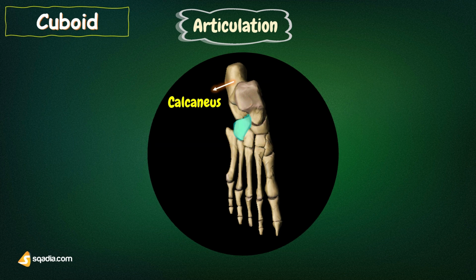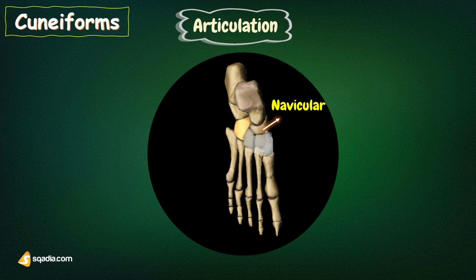Similarly, the cuboid bone also has 2 articulations. Posteriorly, it articulates with the calcaneus bone, and anteriorly, it articulates with the 4th and 5th metatarsal bone as highlighted here. The 3 cuneiform bones also have 2 articulations.